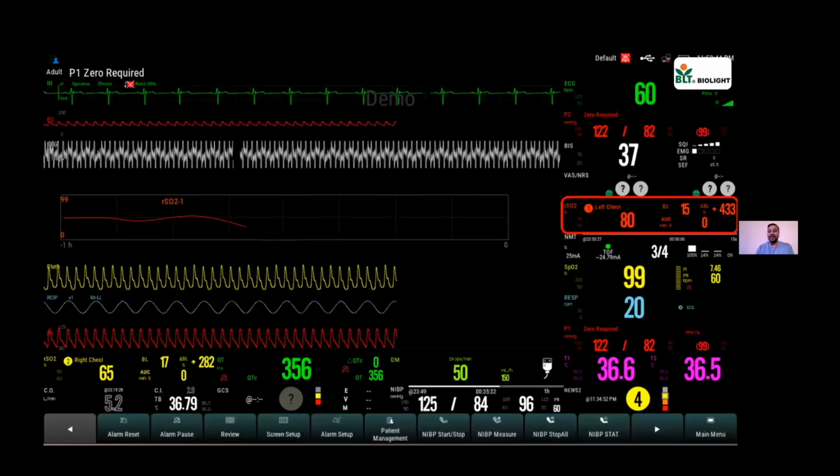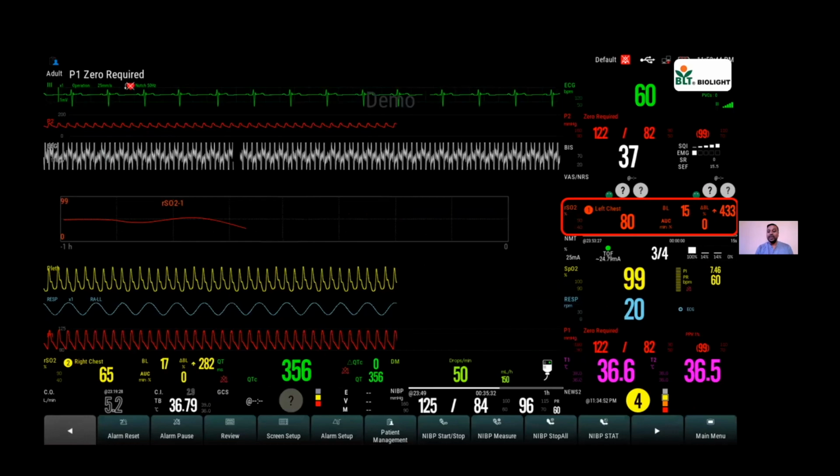So now see, this is the monitor we need in our emergency, in our ICU, in our ward or high dependency unit. So whenever a doctor enters a room to visit a patient, on a single monitor screen we can see multiple different parameters, including the vitals, their peripheral oxygen saturation, their regional oxygen saturation, the tissue perfusion.